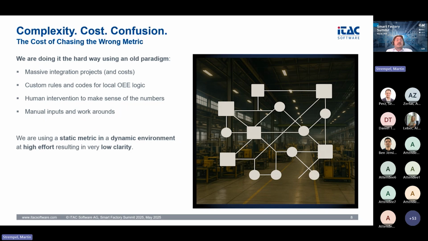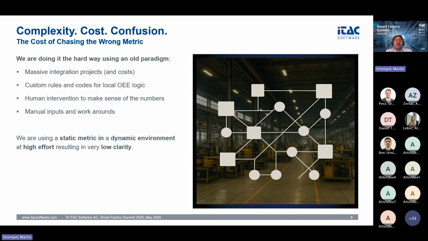We generally need custom rules if we want OEE to be transparent enough to avoid the previous scenario I just described, which means we need to specialize and customize it almost for every scenario. Human intervention is often required just for the numbers to make sense, which makes it by default unreliable, especially across facilities, plants, countries or continents.